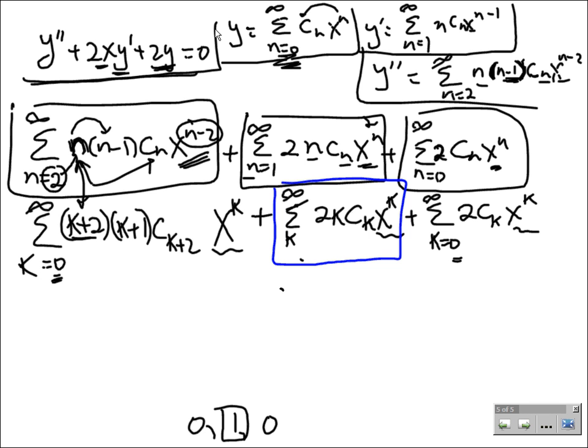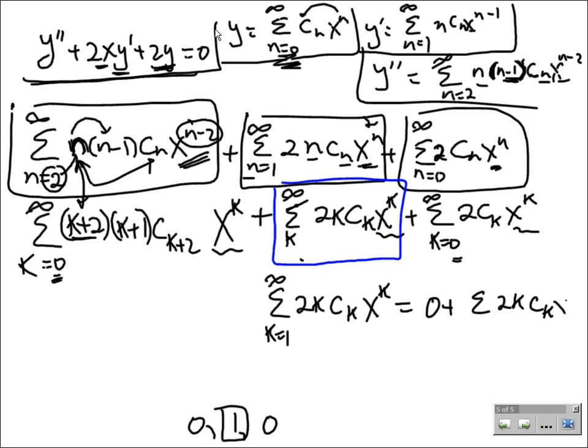See, we have the summation as k goes from 1 to infinity of 2k c sub k x to the k. But you know what? This is equal to 0 plus the summation of 2k c sub k x to the k, where k starts at 1 to infinity. But this 0, I can think of it as 2 times 0 times c sub 0 times x to the 0.